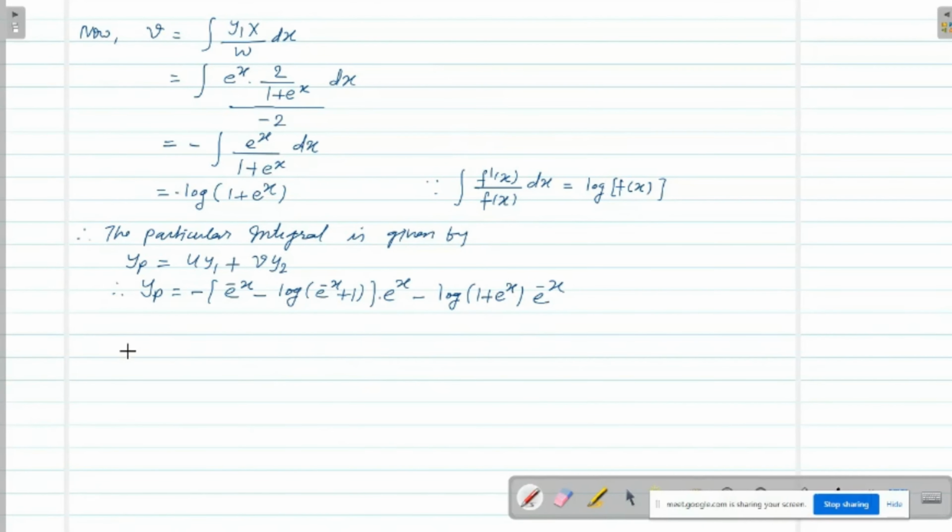Therefore the complete solution is given by y equal to yc plus yp.